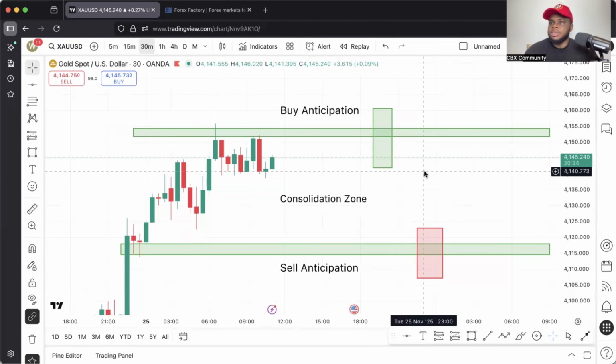I love looking at the other time frame, and it's very important just for me to have an idea what the market structure is saying. I love the price action of the market. I pay attention to it a lot.